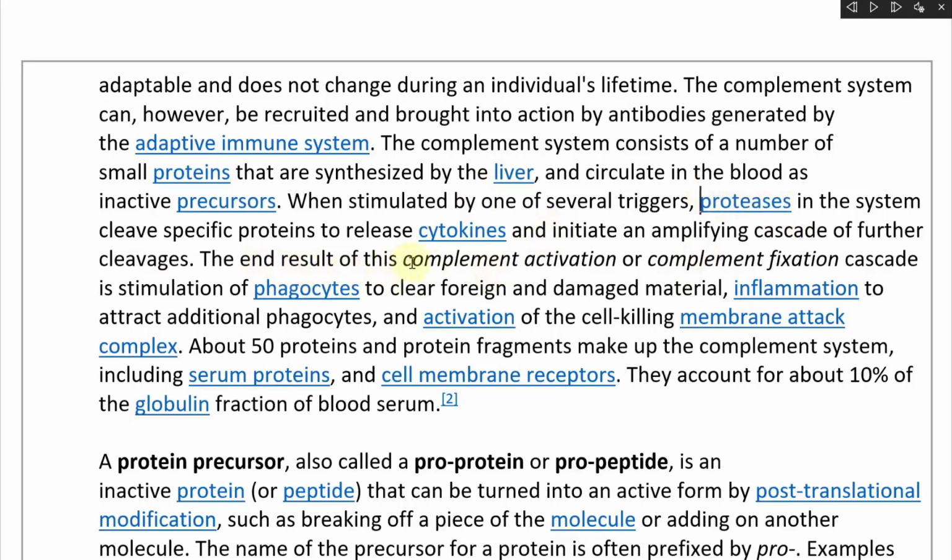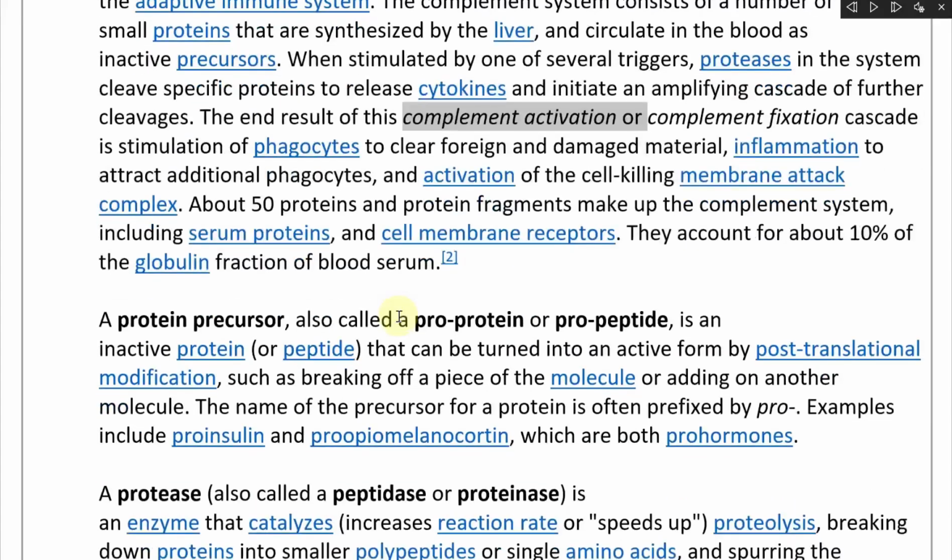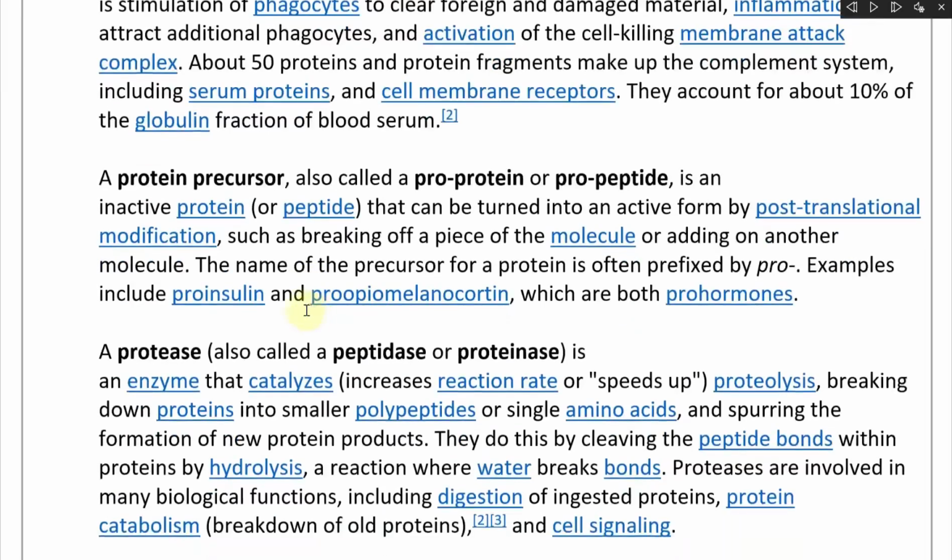And then you have a complement system of a whole bunch of proteins, and then the stimulation of phagocytes to clear, absorb, and then engulf the pathogens, as well as inflammation to get even more phagocytes, and activation of this cell-killing membrane complex. All right, so you got a whole bunch of stuff happening at once. And they account for 10%. So about 50 proteins and protein fragments make up this complement system, and they are 10% of the globulin fraction of blood serum.